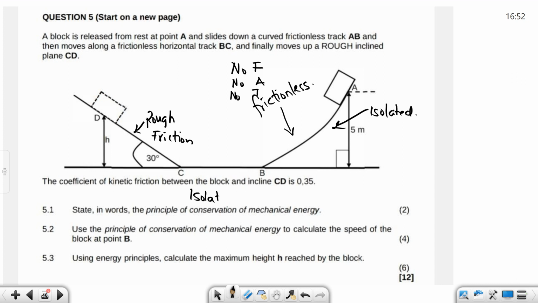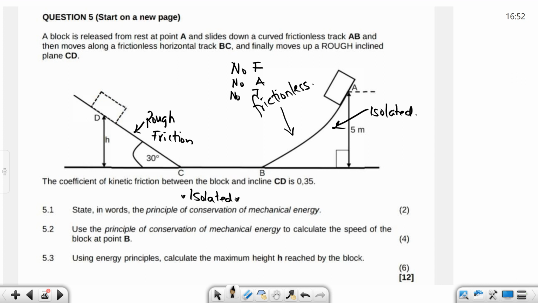Isolated. Is that okay? So what's the law? In an isolated system, the total mechanical energy is conserved. And you get your 2 marks quickly. We don't even waste time. In an isolated system, the total mechanical energy is conserved.